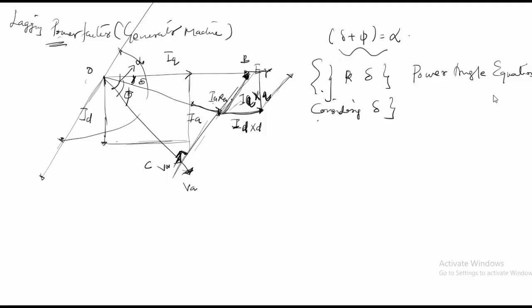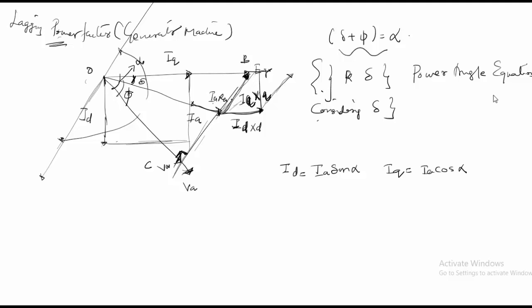After getting to this point, it's possible to see from this diagram that my ID is equal to IA sin alpha and IQ is equal to IA cos alpha.